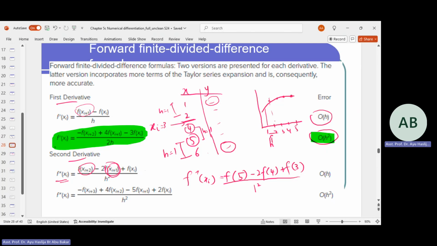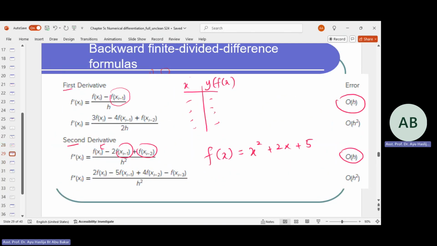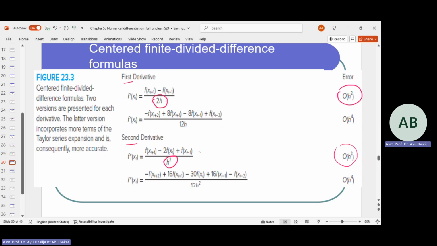Usually the question will mention the error level. Okay, so using that equation for backward, we take first derivative, OH2. So this is for backward. Then centered, it starts with OH2.